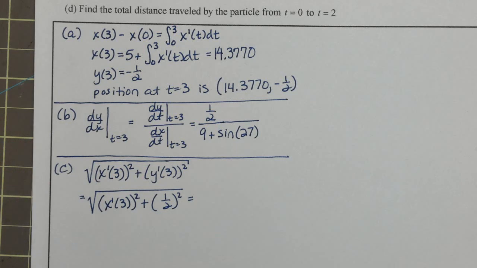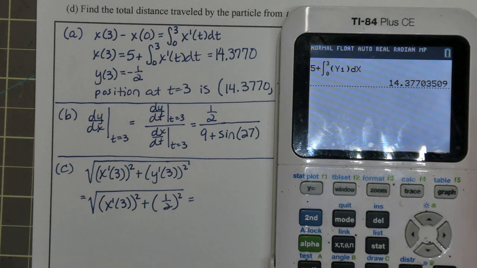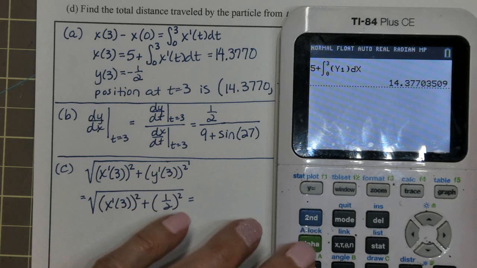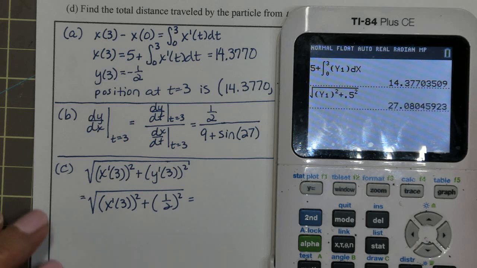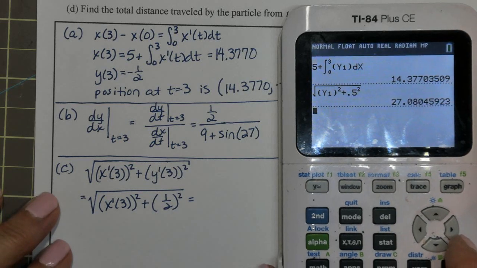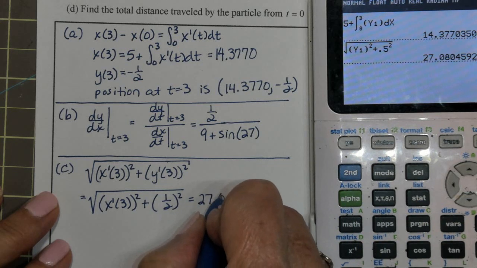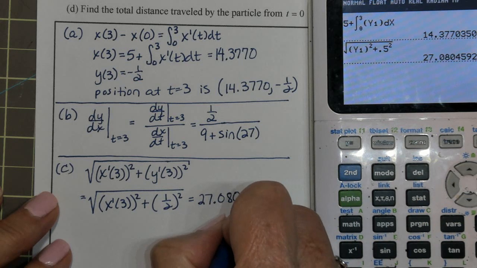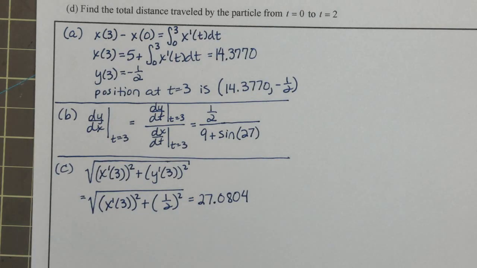And I think I'll just use my calculator to get this. Okay, square root y1 squared plus 0.5 squared. 27.080. Always at least 3 values after your decimal point.